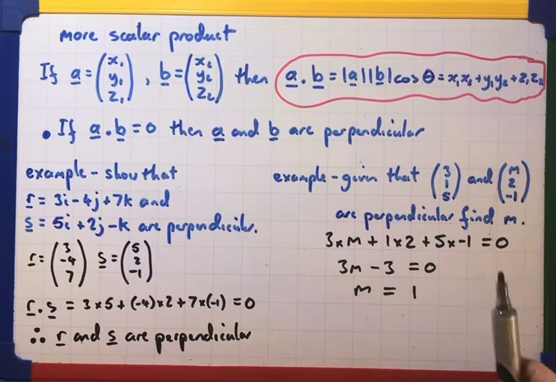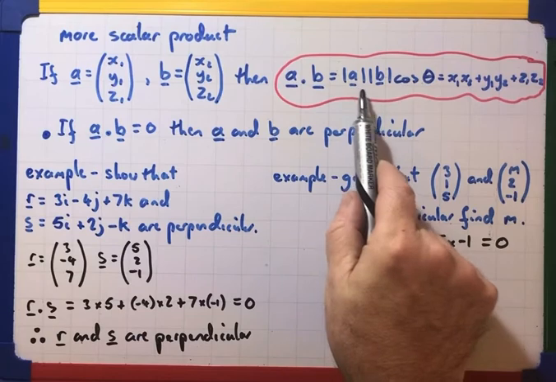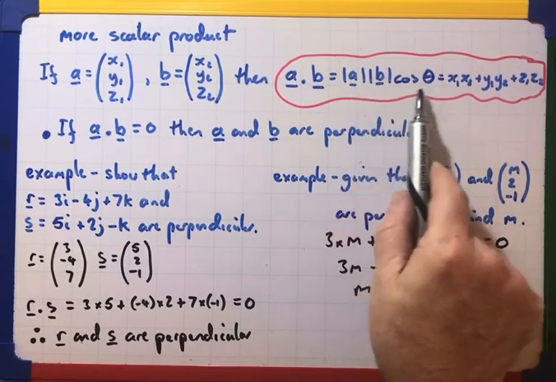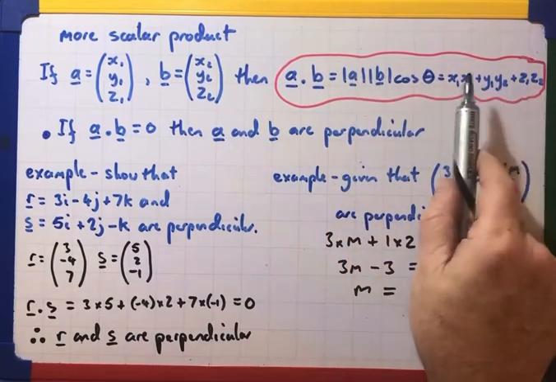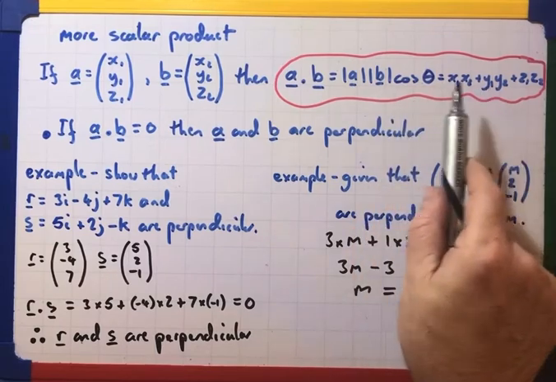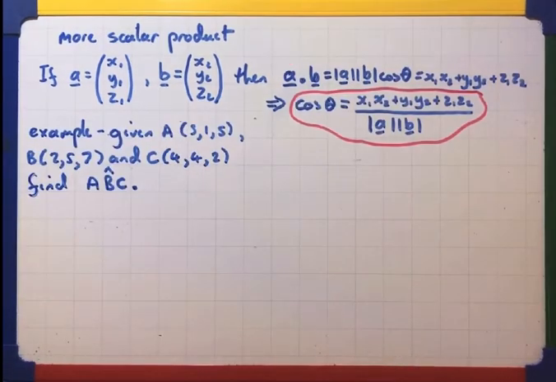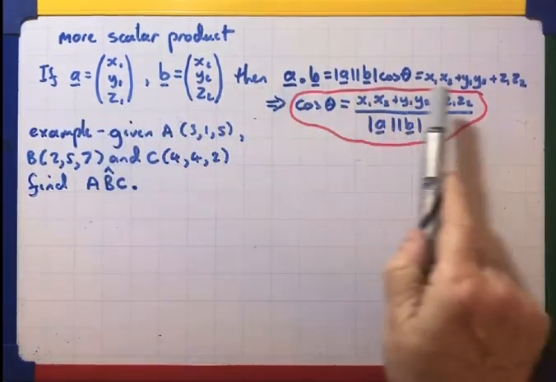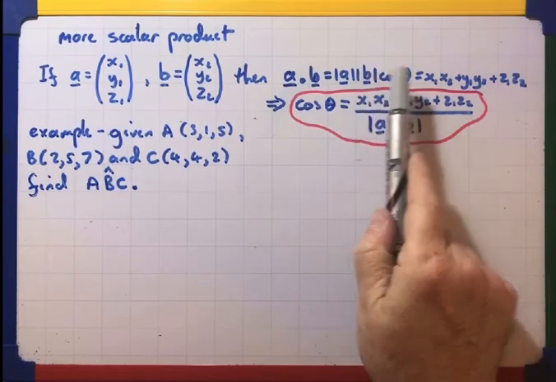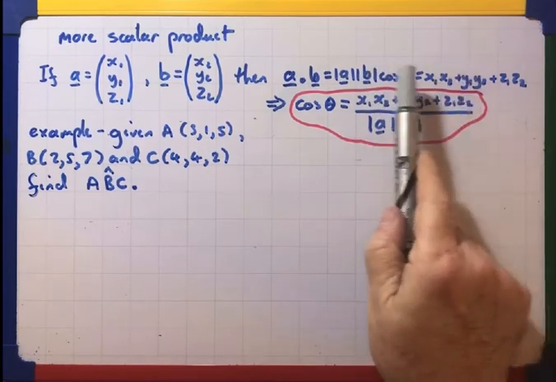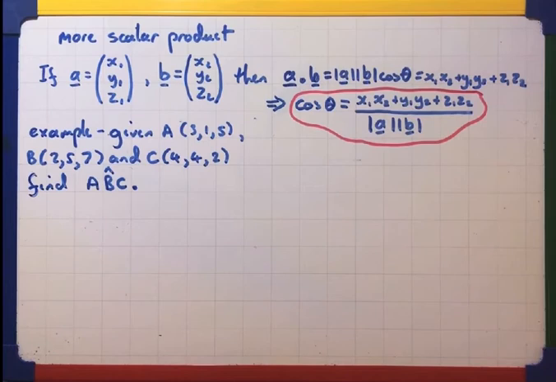In the next bit, we're going to have a look at this other part, because if we equate these two parts when it's not 0, we can work out what the angle is. This is the same as last time. Remember, we know that these are two equivalent versions of the dot product or scalar product.